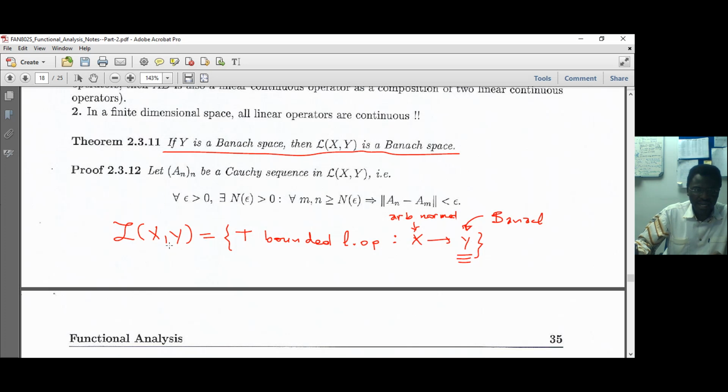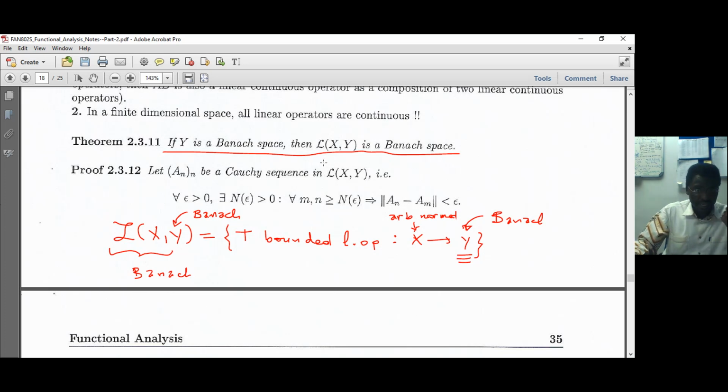So if Y is Banach, the entire space is Banach, regardless of X. X can be arbitrary. That's the main result.